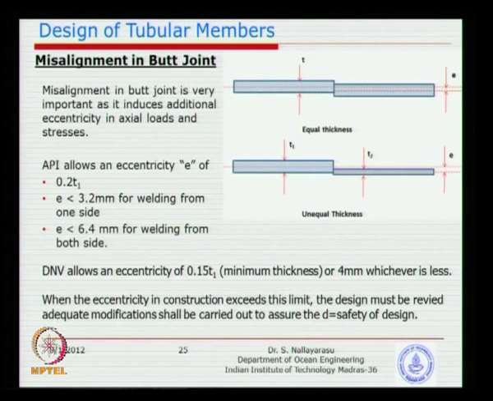So, you see here API allows 0.2 times, 20% of the smaller thickness, which, if you have a 10 mm plate, gives a 2 mm tolerance, or a 4 mm tolerance, which is not very small, I would say, and it should be less than 3.2 millimeter for welding from one side. For example, you make a pressure vessel or a tube, you weld from the top, the mismatch could be only less than 3 millimeter.